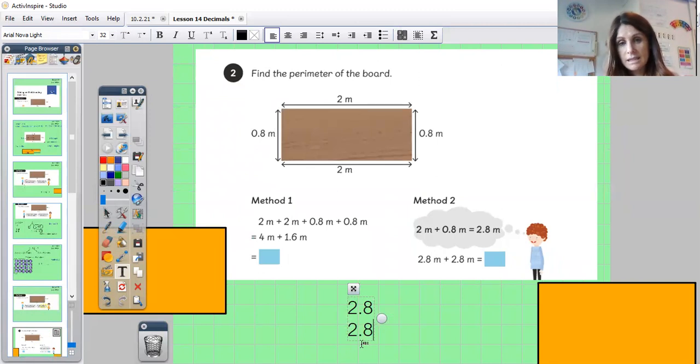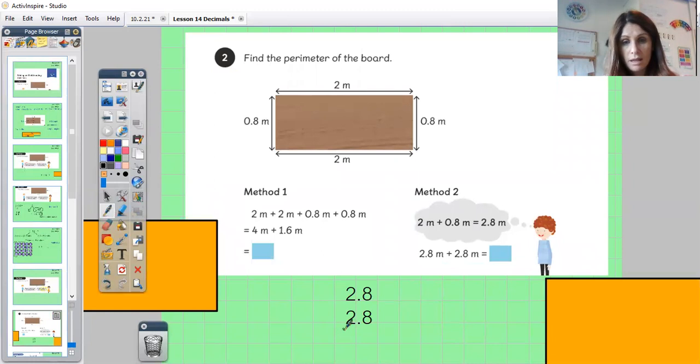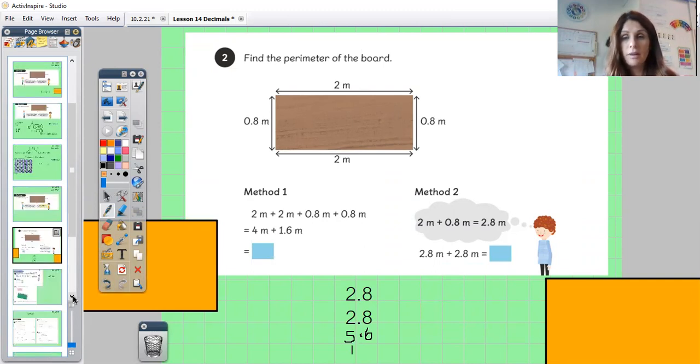Okay, 8 add 8 is 16. So I'm going to need to put a 1. I'm going to exchange my 10 tenths for a whole 1. And I've got 6 tenths. And then 2 add 2 is 4, plus the 1 is 5. 5 whole and 6 tenths. And I'll make sure that that's nice and clear. Okay, right. Hopefully you feel okay with that.